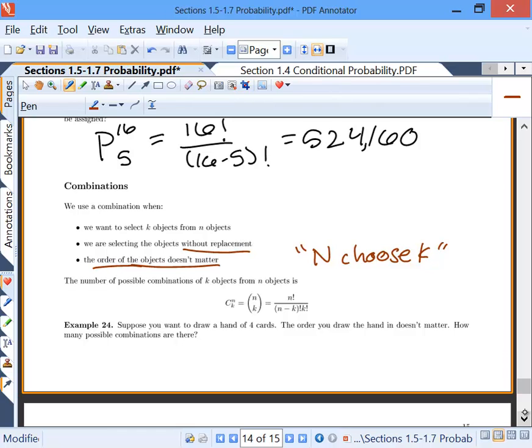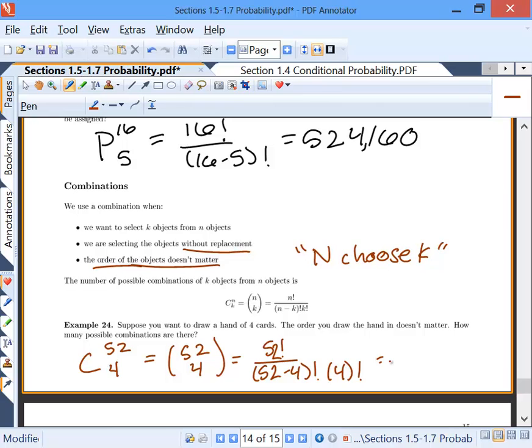So suppose you want to draw a hand of 4 cards. The order you draw the hand in doesn't matter. How many possible combinations are there from a standard 52 card deck? So how many total cards are there? 52. The order that I draw them in doesn't matter, so it's a combination, and I want to choose 4 of them. So I could also write this as 52 choose 4, or this is 52 factorial over 52 minus 4 factorial times 4 factorial.